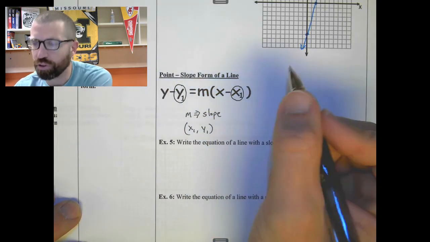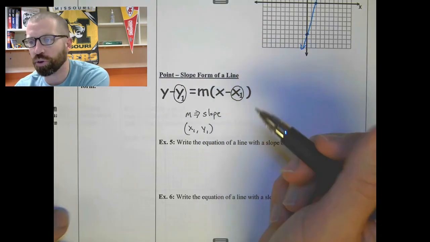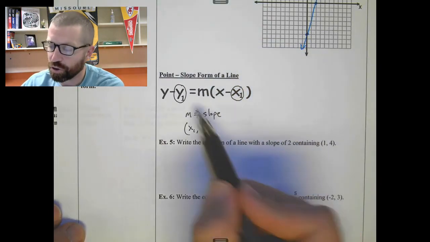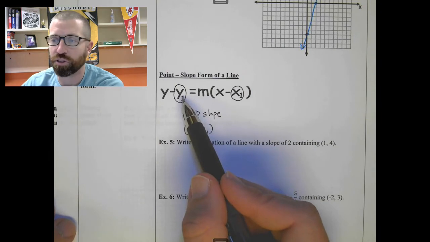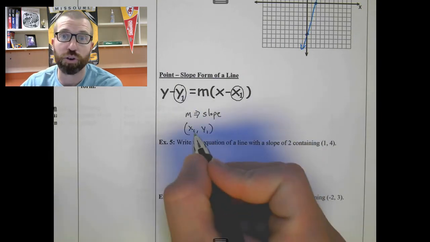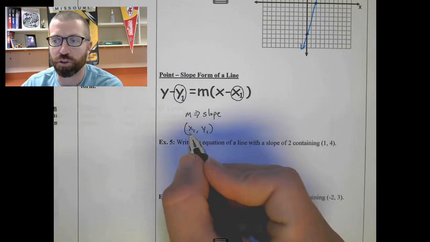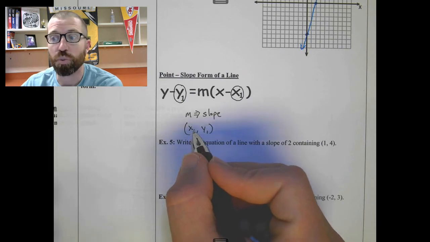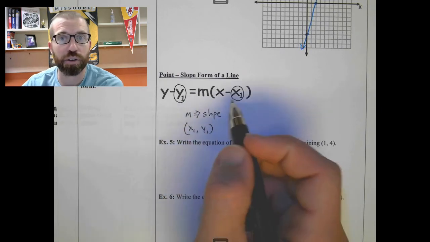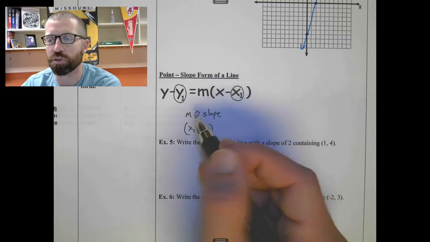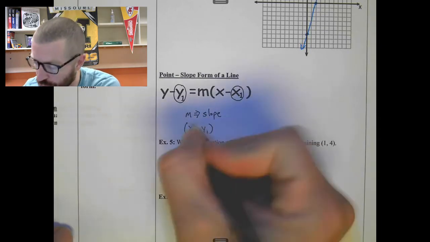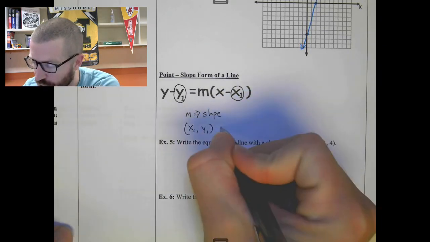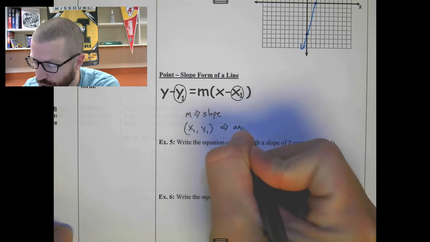And you see it in the slope formula, so maybe you're a little used to it. But it's not its own variable. It's not like a value. It's just saying that this is the first y we're talking about and the first x we're talking about. So we could use h and k here. That'd be fine, right? It could just be a different variable. But for point-slope form, typically we use x1 and y1, and that is any point on the line.